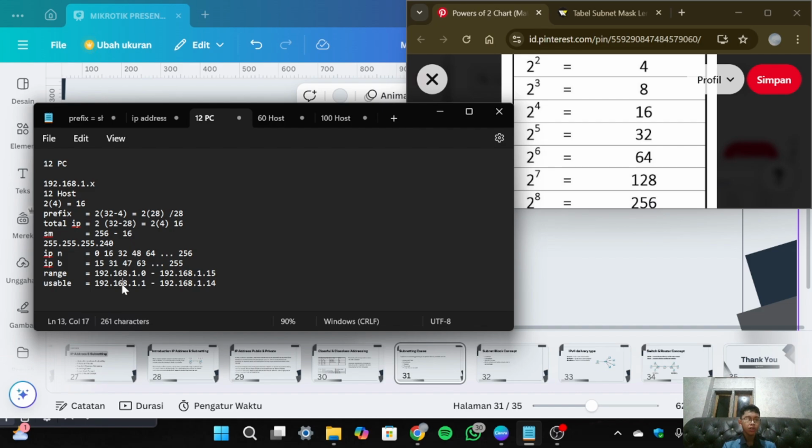So from 192.168.1.1 until 192.168.1.14, the total IP that can be used is 14 hosts.